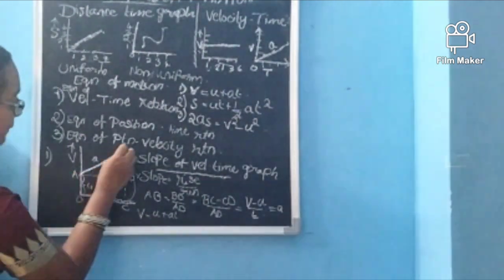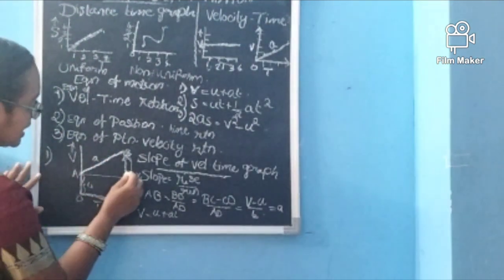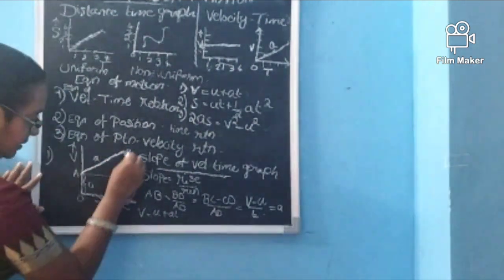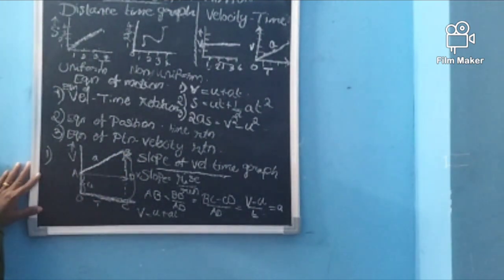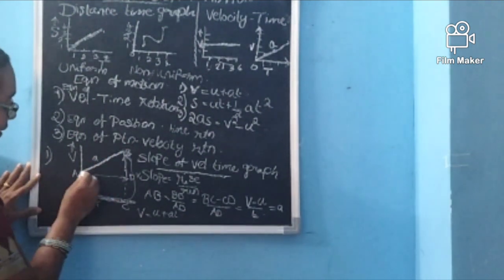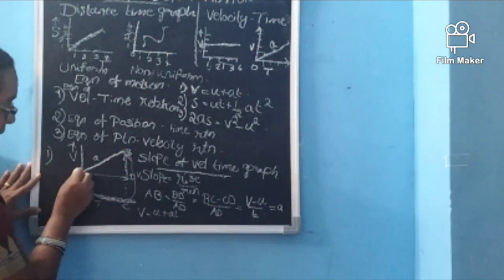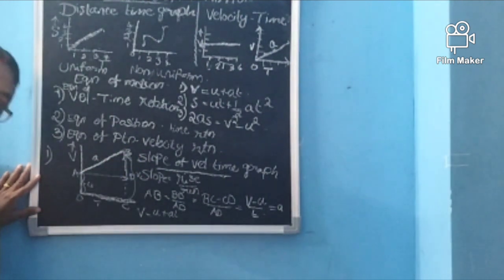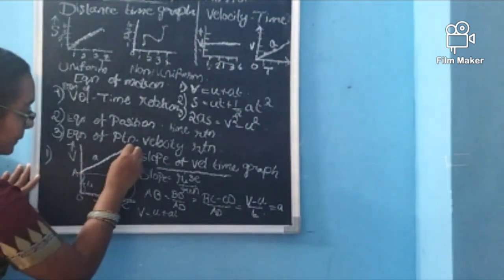So the rise is BD, divided by AD. Clear? Slope is equal to BD divided by AD. Yes or no? Yes. What is this BD?